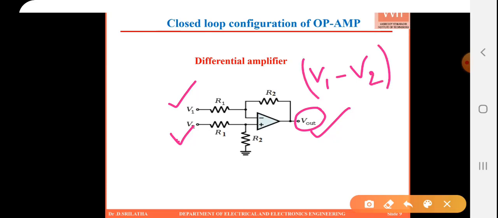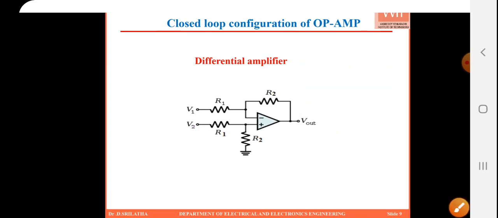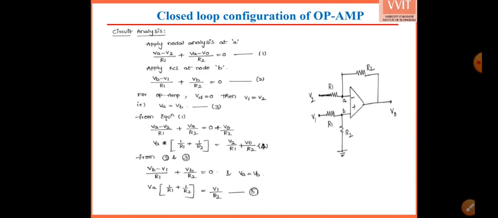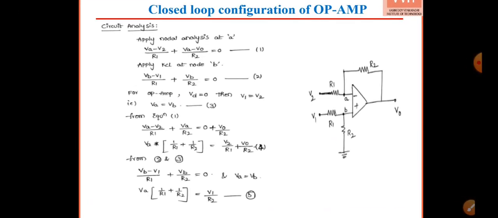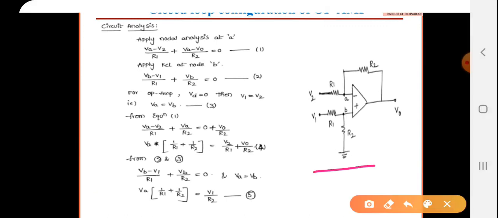Here V1 and V2 are the two applied inputs, and V0 is the output. It depends on the difference of the two applied inputs. Now let us analyze this differential amplifier circuit. Here V1 and V2 are the two inputs, V0 is the output, R1 is the input resistance, and R2 is the feedback resistance.